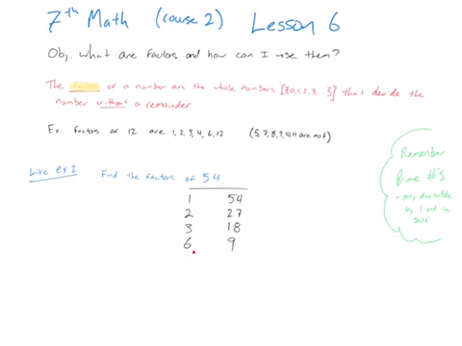And notice we've tried all of those in between the 6 and the 9, like 7 and 8. That means these are all of my factors. So if it said find the factors of 54, I'm just going to list them out. The factors are 1, 2, 3, 6, 9, 18, 27, and 54.